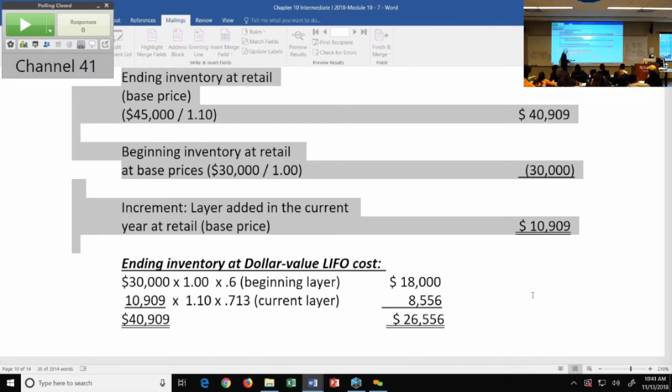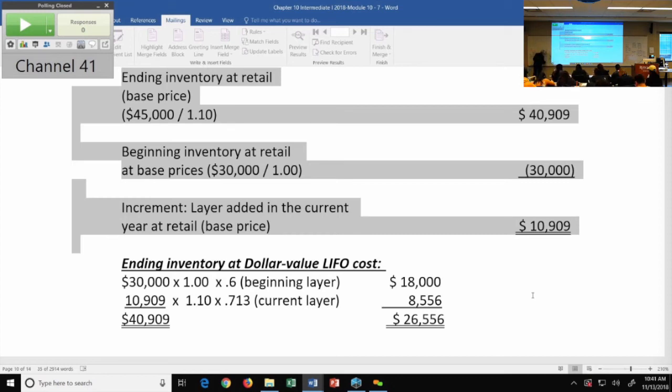And by the way, the difference between regular LIFO and dollar value LIFO retail is going to be the effect of inflation. So before, if you took regular LIFO, this is with inflation, or I should say with stable prices. That's what inflation removed.